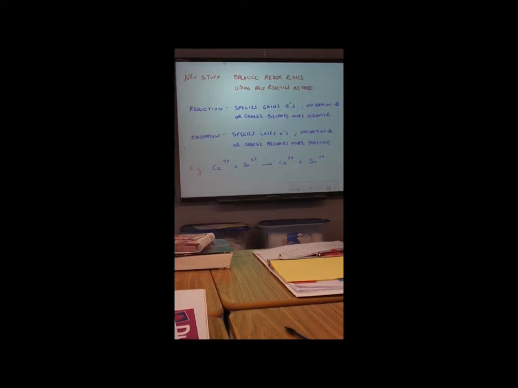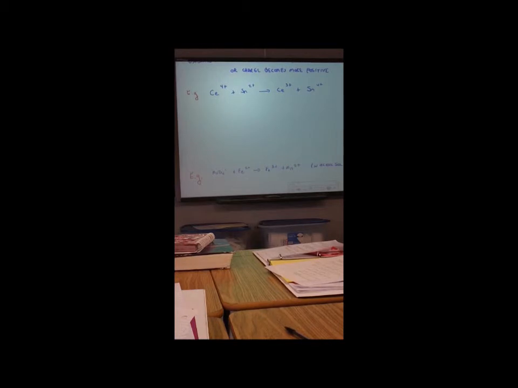You can start with the oxidation if you want. So the reduction half reaction involves the cerium. And the cerium is being reduced from cerium 4+ to cerium 3+.